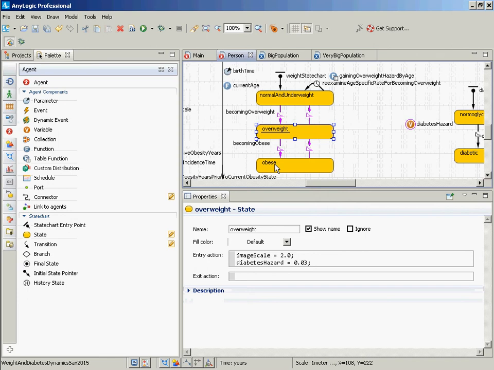And I would make the rate here a combination of those two influences. So you could think of it as beta for the current weight times your current weight status plus beta for the other one times your cumulative. And you could put that into the formula here. Does that make sense? So that's the way it could be done.